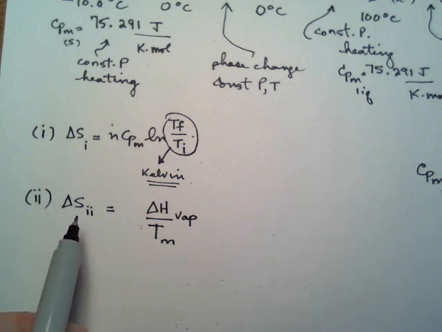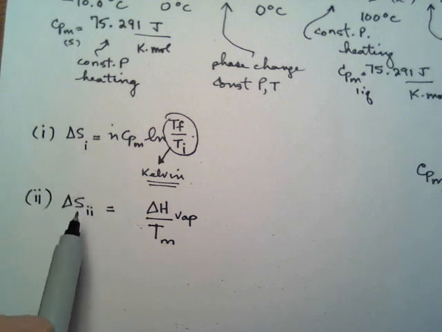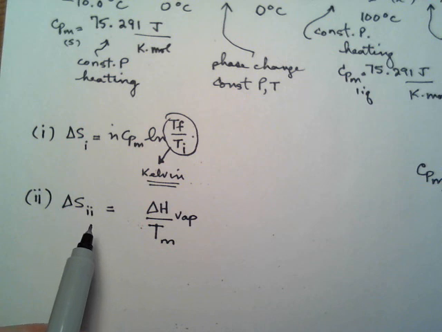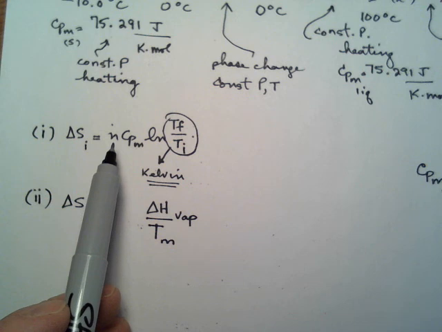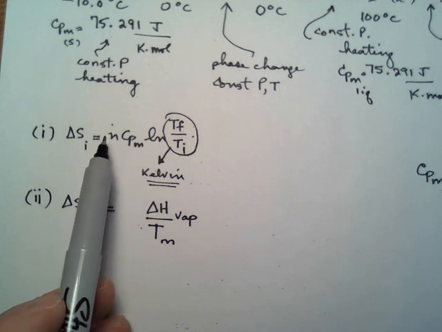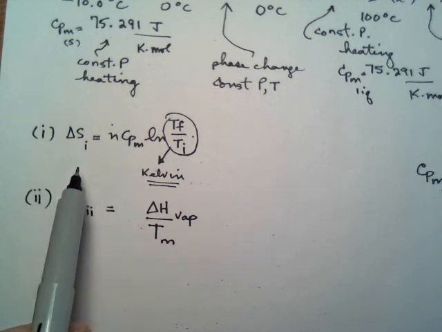And notice here that, in the end, the goal is to add all of these together to get delta S for the whole process as 1. And of course, you'll have to add apples to apples here. In other words, these have to have the same units. N is in moles. This is joule per K mole. The moles will cancel, and I'll just be left with joule per Kelvin, which is correct.